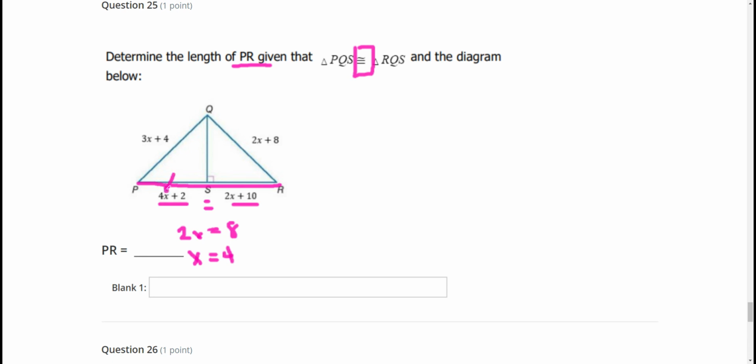If I put the 4 back in, that's 16, 17, 18. My guess is this is going to be 18 as well: 4 times 2 is 8 plus 10 is 18. So this whole distance from P to R isn't 18, it's 36. You want to make sure you're answering the question being asked. Sometimes people think the question's wrong because they're not answering the question that's being asked.